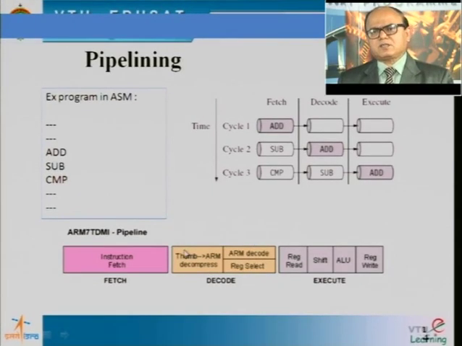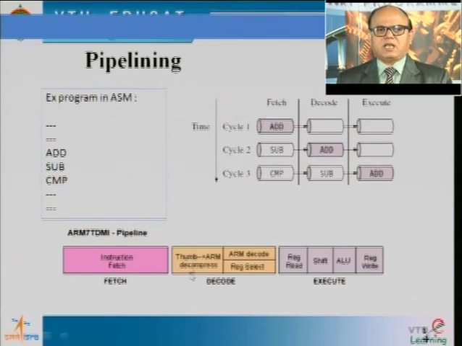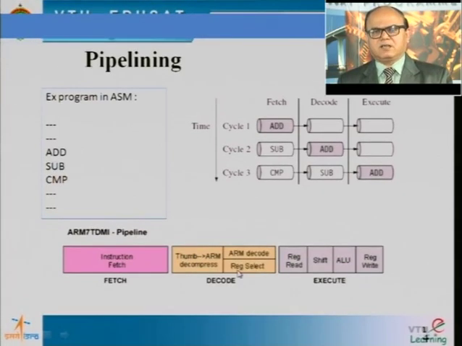If the instruction fetched is a 16-bit instruction, what we call a thumb instruction, the thumb instruction gets decompressed, and then the instruction gets decoded. The decode circuit is a fixed circuit which decodes a 32-bit instruction.